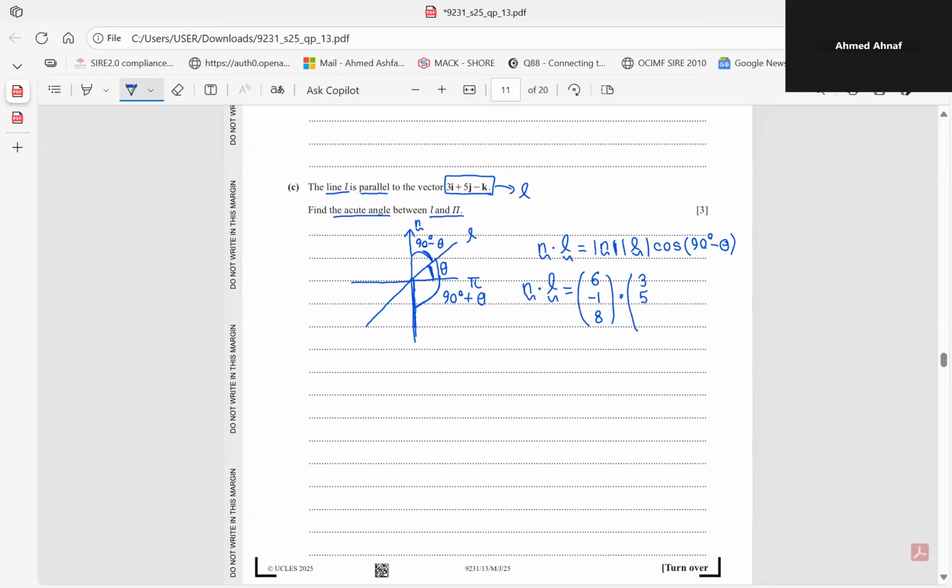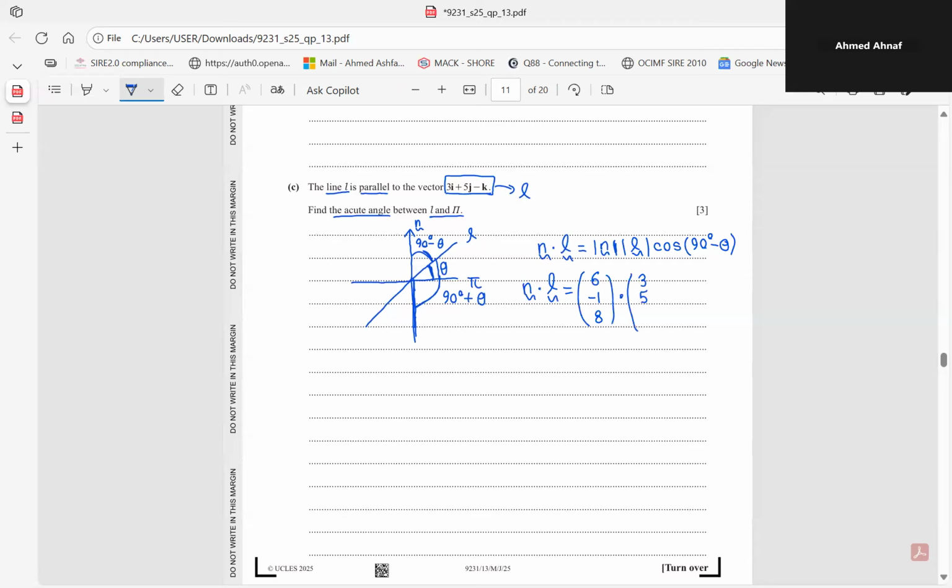So 6 times 3, that's 18. Minus 1 times 5, that's 5. And 8 times -1, that is -8. So this would be 5. And then modulus of n times modulus of L would be the square root of 6 squared, which is 36, plus negative 1 squared, which is 1, plus 8 squared, which is 64, times the square root of 3 squared, which is 9, plus 5 squared, which is 25, plus negative 1 squared, which is 1.